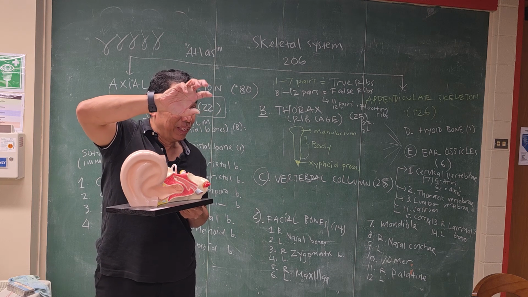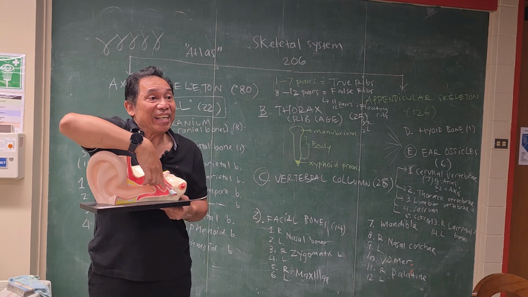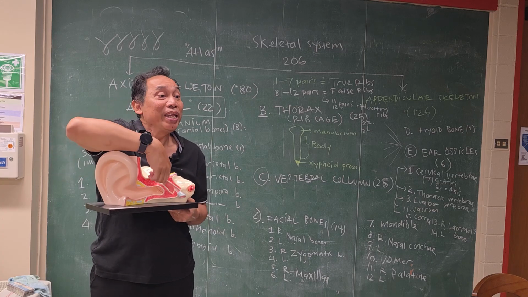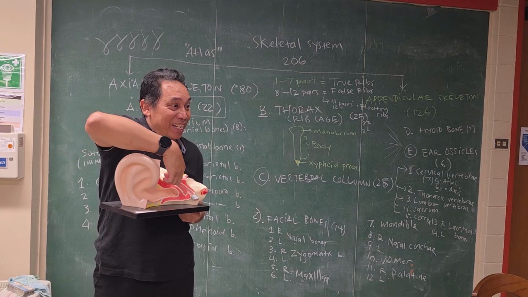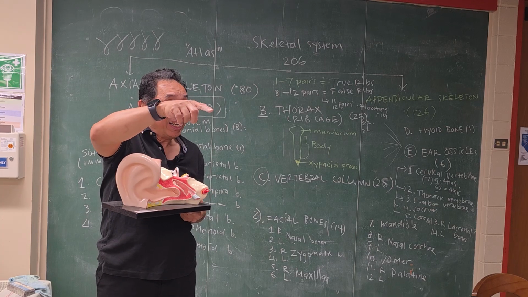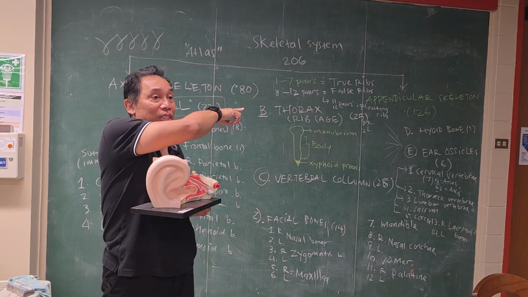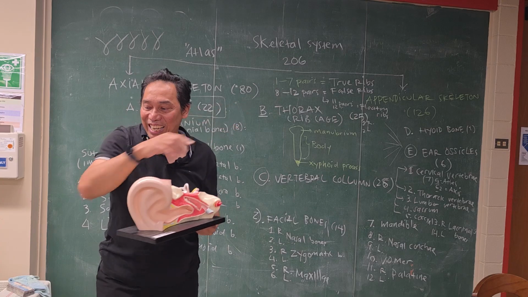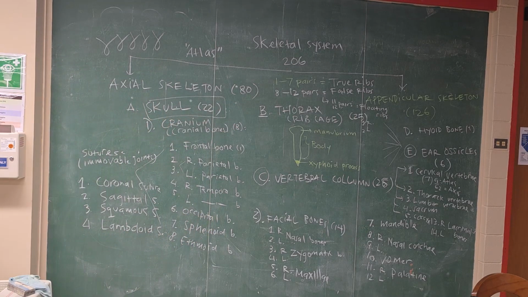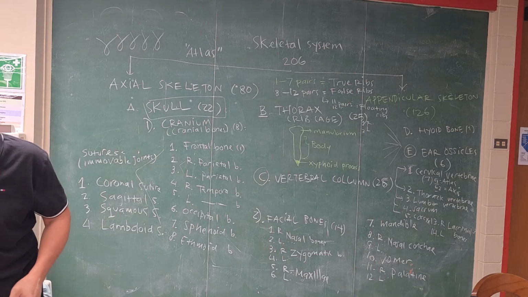The second part is called the middle ear. So outer, middle. That middle ear is where the ear ossicle is located. So remember, the last part of the outer ear is the ear membrane, okay?